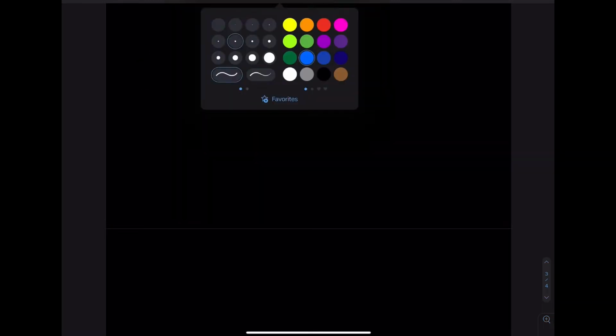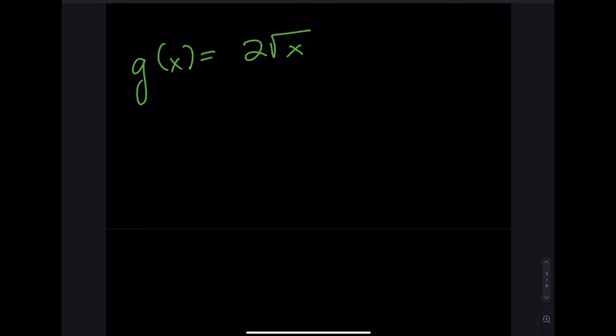So now let's try a new function. Let's say we had g of x. So here will be our square root function. Let's say g of x is 2 root x, and we're just going to apply the limit definition of the derivative. We have the limit as h goes to 0 of f of x plus h. Recall, wherever there's an x, now we're going to throw in an x plus h.